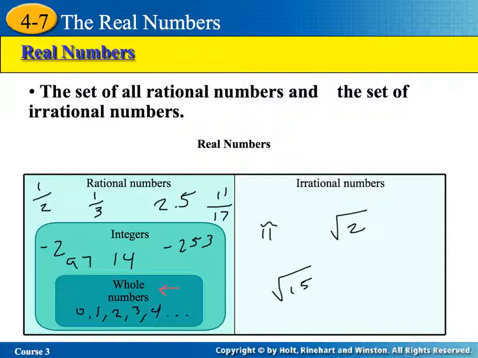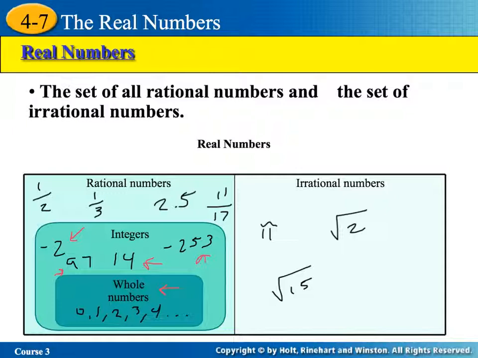Now, integers. If you look at all of those whole numbers and then add all of the negative whole numbers, those are integers: all of your positive and negative whole numbers. I gave you a couple of examples: -2, 97, 14, 53. If it is a positive or negative whole number, it is an integer.